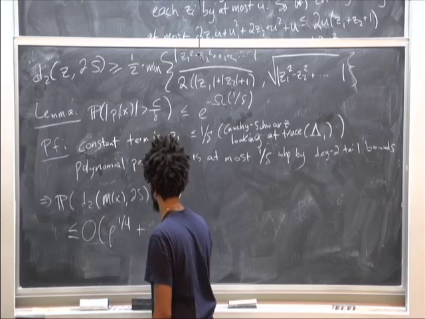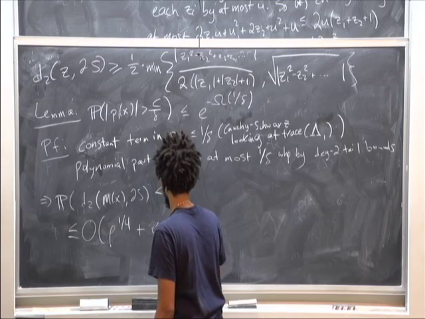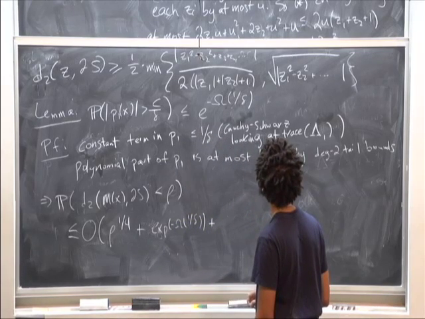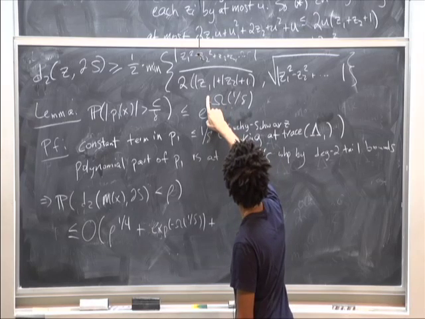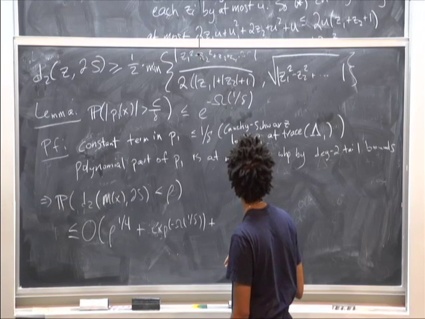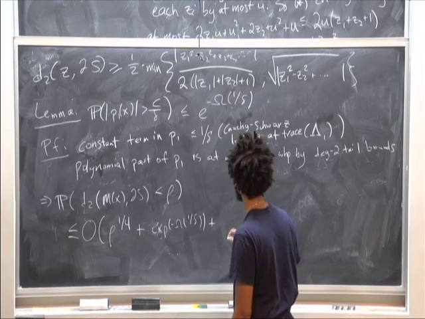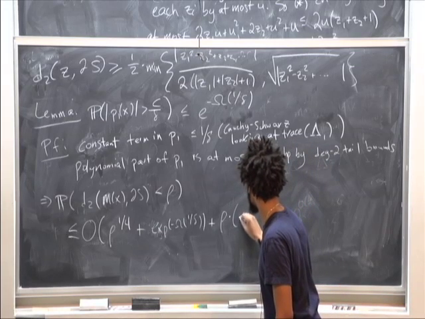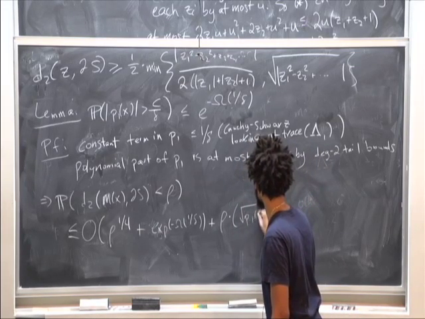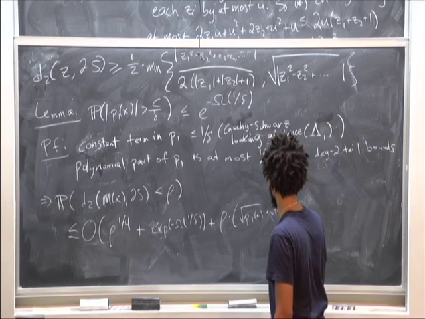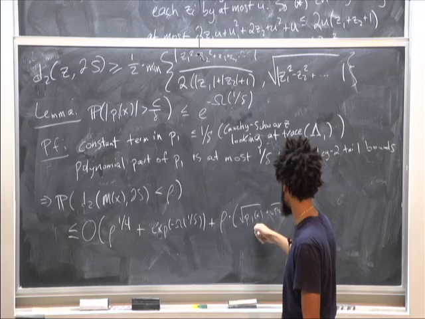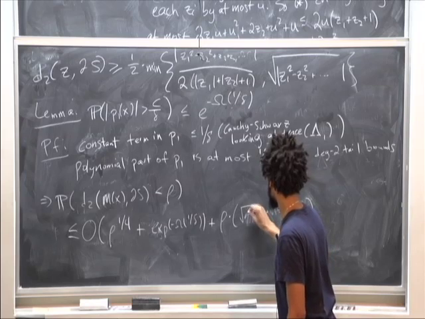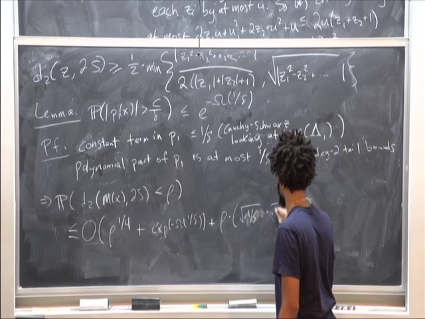okay, so first we have this condition, x of minus omega 1 over delta, conditioning on that event, plus these things are each at most rho times root p1 of x plus root p2 of x plus 1. The probability that you're less than that, but this thing is like root 1 over delta, and this thing is also root 1 over delta.